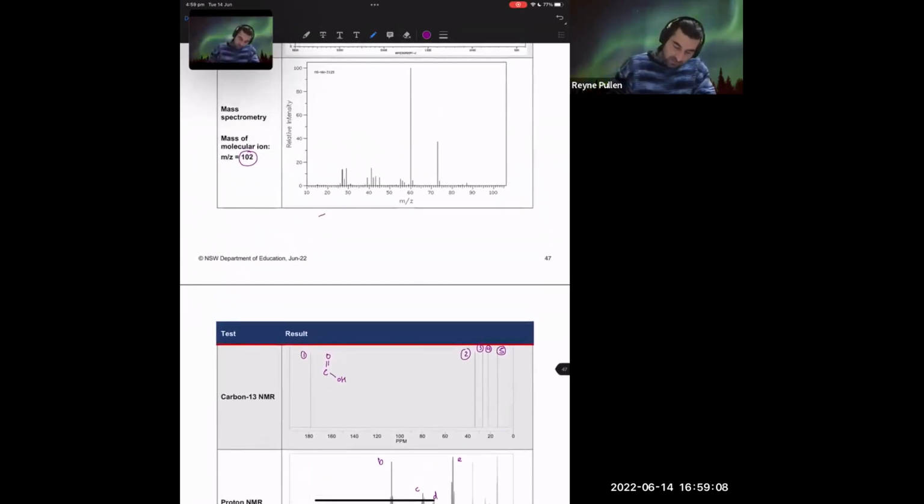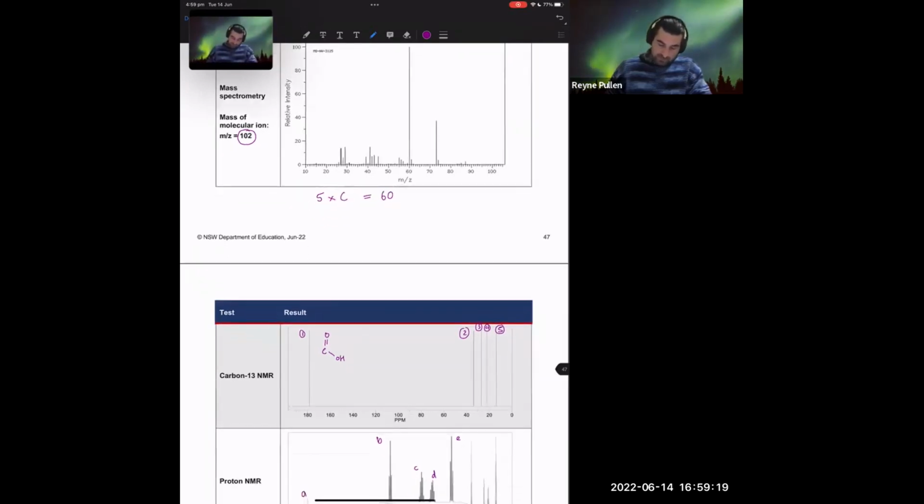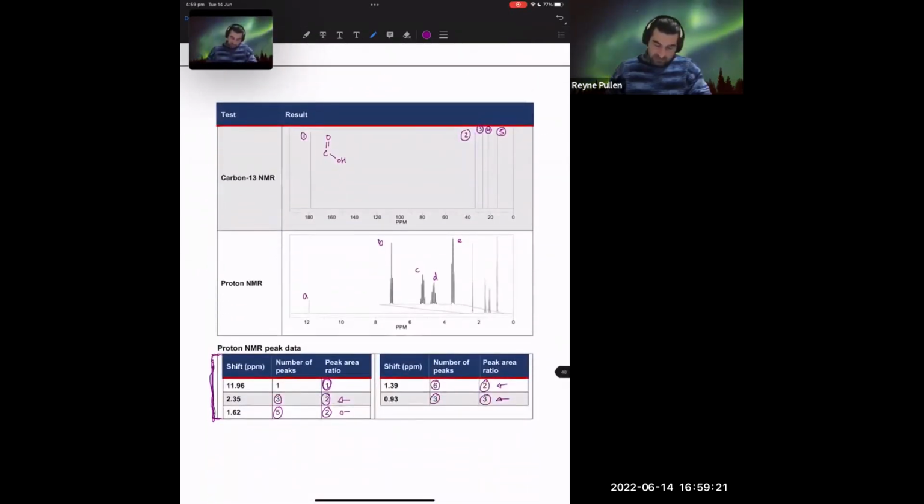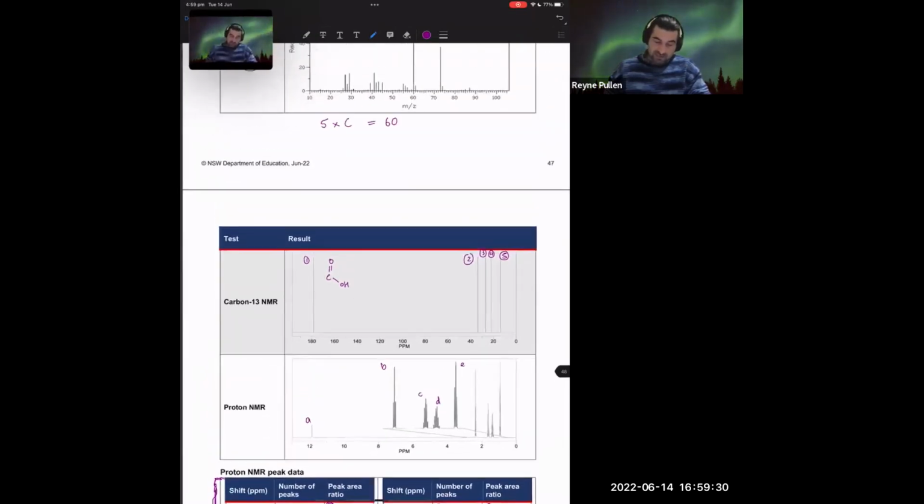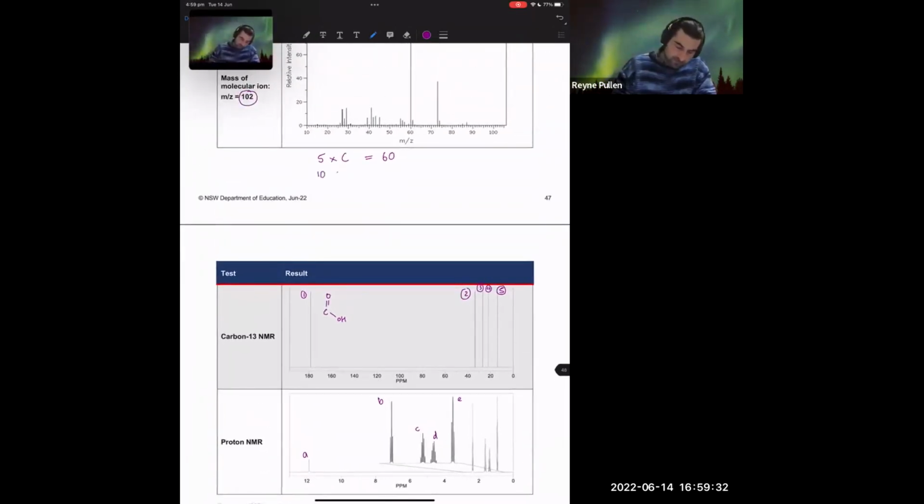So 5 carbons would give us a total of 60 towards the molecular ion mass-to-charge ratio. Adding up the protons using the peak area ratio suggests a total of 10 protons, which brings us to 70. And we know there's a carboxylic acid, so there must be 2 oxygens.